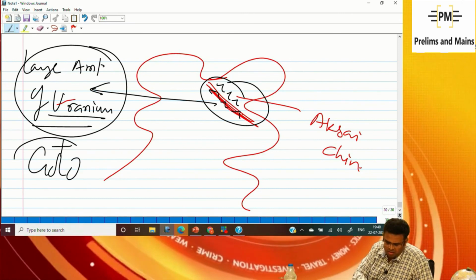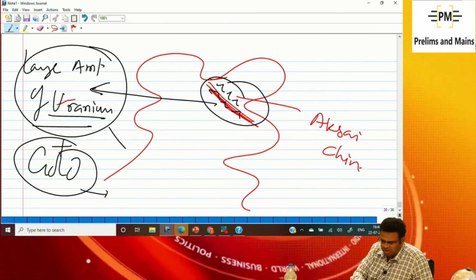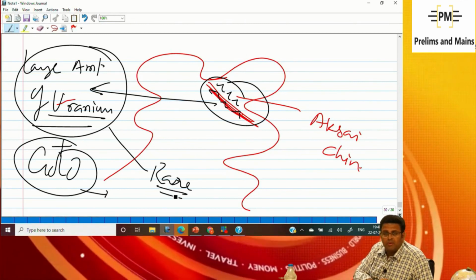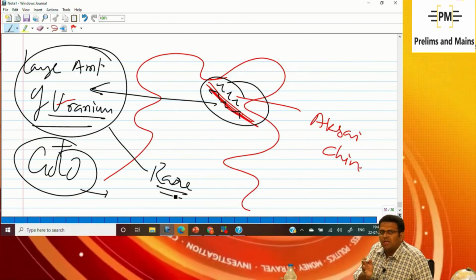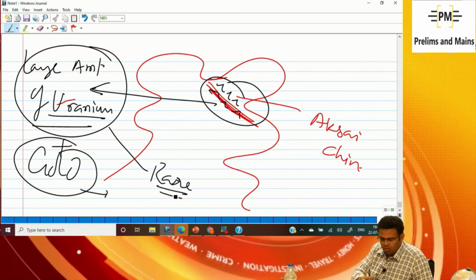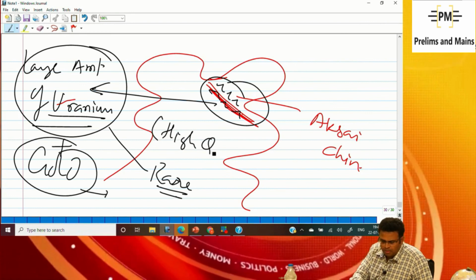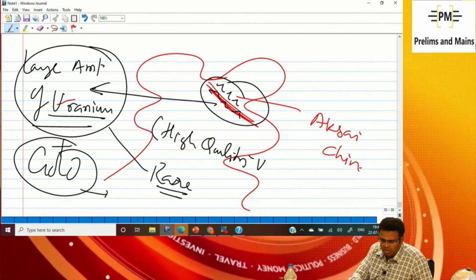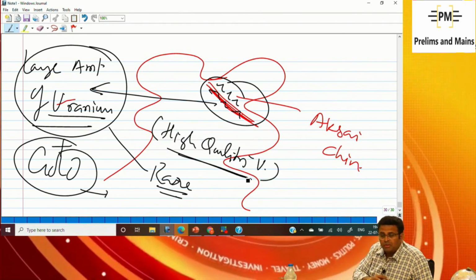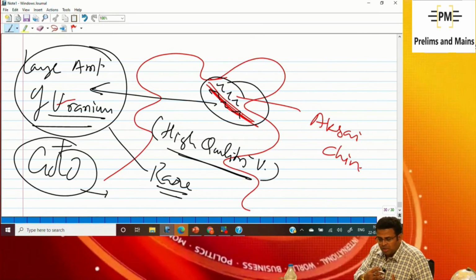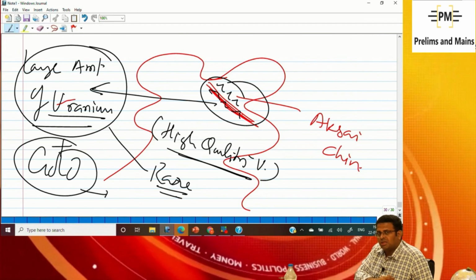This condition is very rare, that gold is also available and uranium is also available, and it is very high quality uranium.